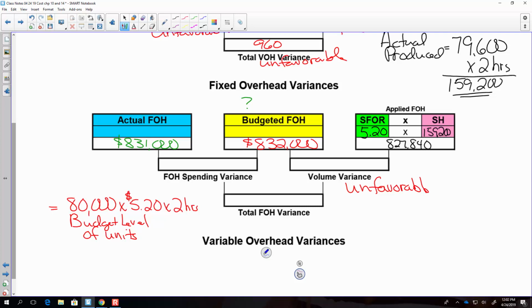1,000 for the first one. Or not that one, yeah, that one's 1,000. And then there was 4,160. Spending is favorable. 3160 unfavorable. Awesome.